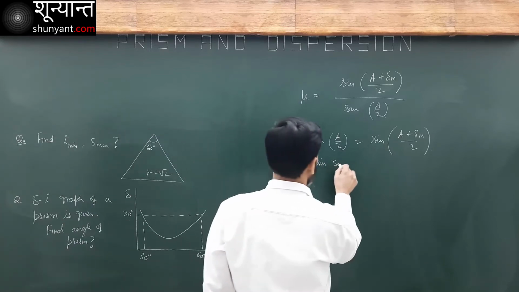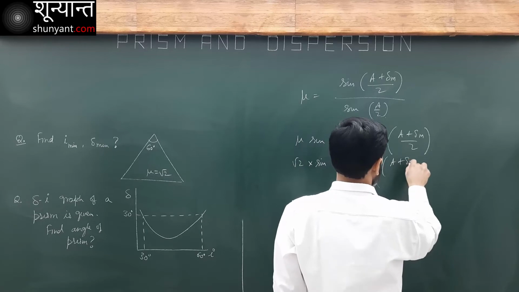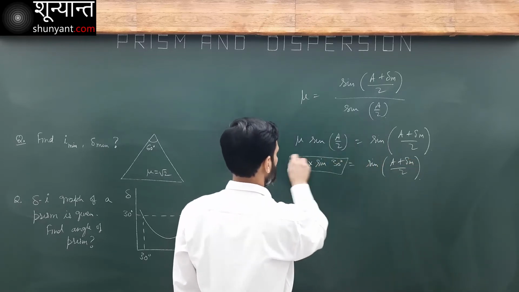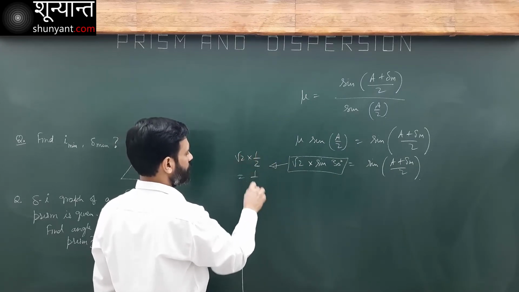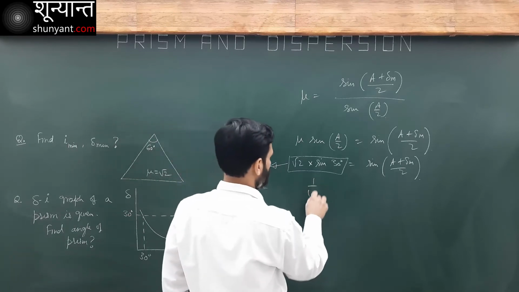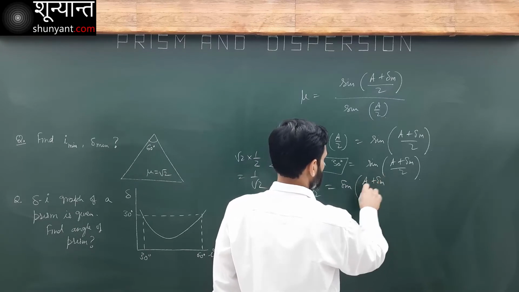Sine 30 is equal to sine of A plus delta m over 2. This whole thing is actually going to be root 2 times 1 over 2. This becomes 1 over root 2, is sine of A plus delta m over 2.